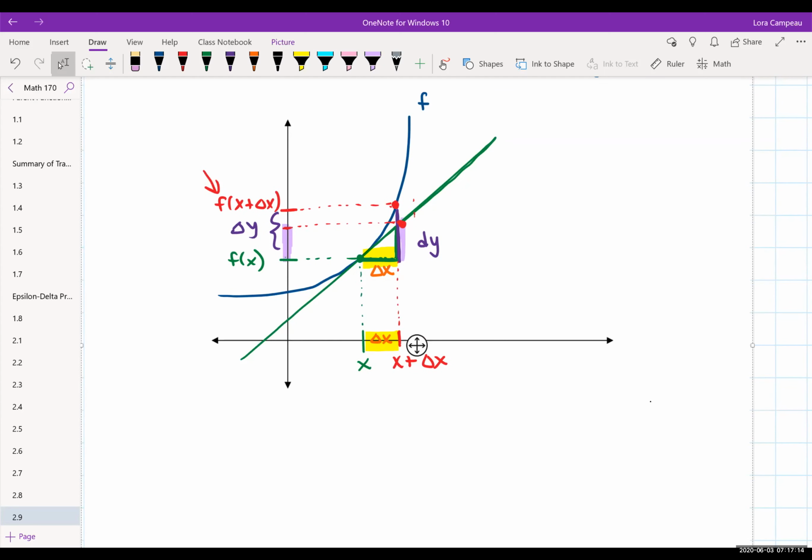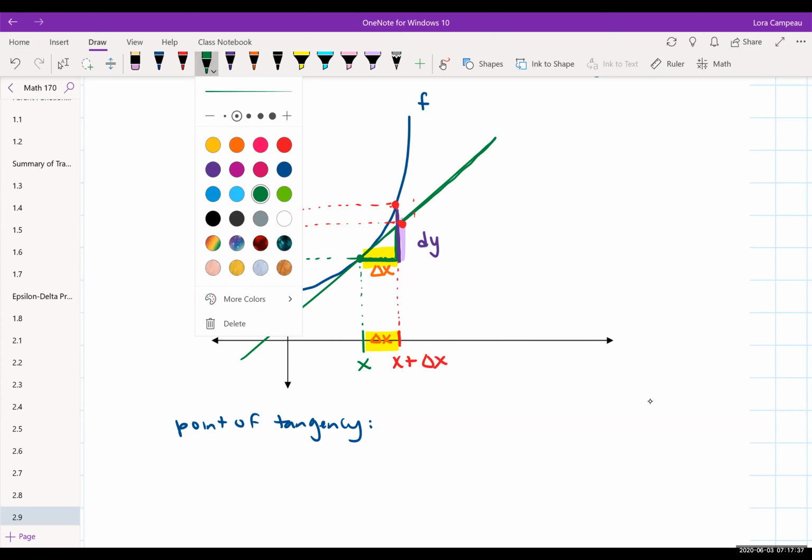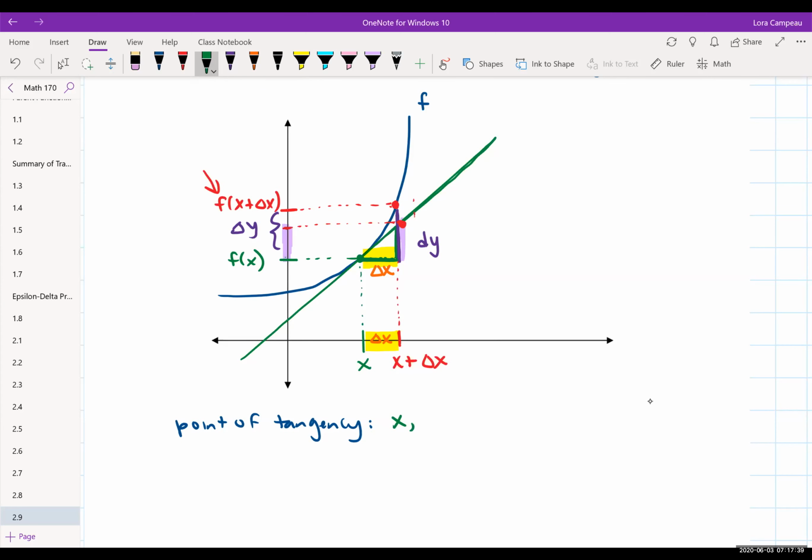So let's rephrase just so that we know. I know you get stuck in the theory sometimes, but we'll give you a concrete example in a second. Let's remind ourselves. We've got the point of tangency. In our case, the point of tangency is x, f of x, according to our drawing.